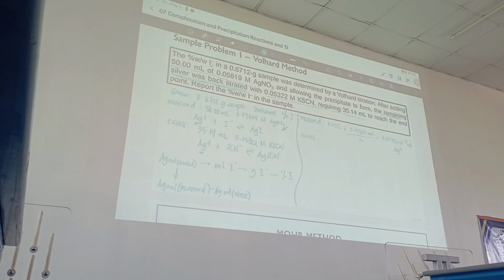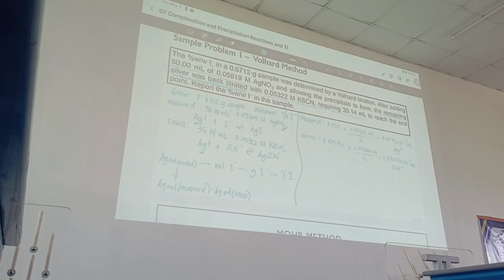So, bilang excess, 0.03514 liters times 0.05322 moles per 1 liter. Answer is 1.8731508 times 10 to the power negative 3 moles of SCN minus. Okay.